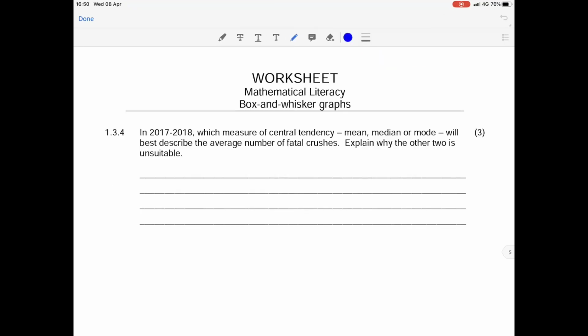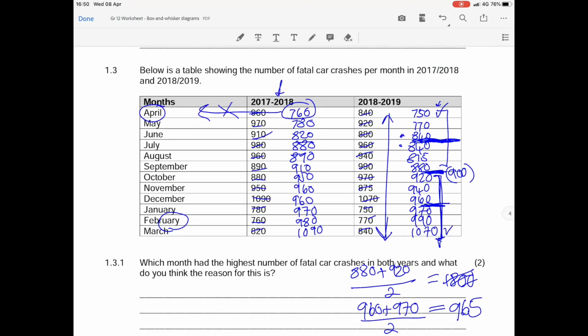The last part of this question asks, in 2017-2018, that's the first column, which measure of central tendency, either mean, median, or mode, is going to be the best description of the average number of fatal crashes, and explain why. So, if we come up to our table, what is our mean? That is the average of all of these crashes here in the first column.